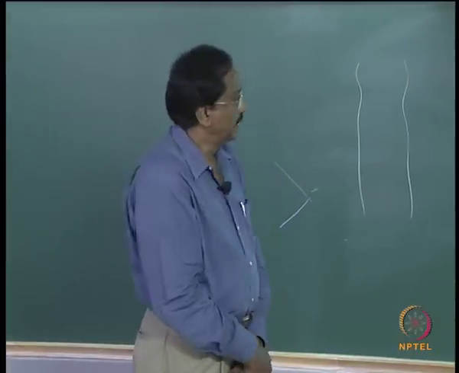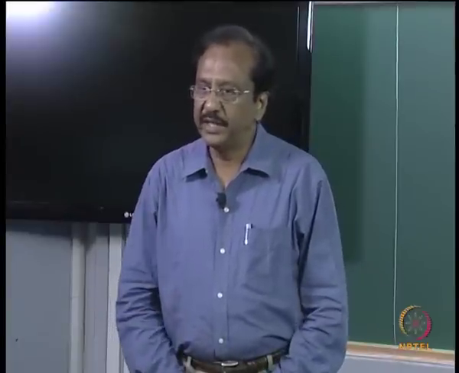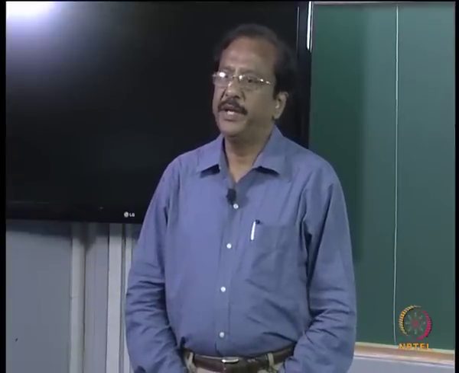Okay. So, that is what is explained here. These are all the bottom depth contours, and assume that this drawing is already available to us. This is only an illustration to understand the physics. You see that you have a bay here, and when you have a bay-like formation, that is the stretch of the coast where you can anticipate the divergence of orthogonals leading to deposition of material.